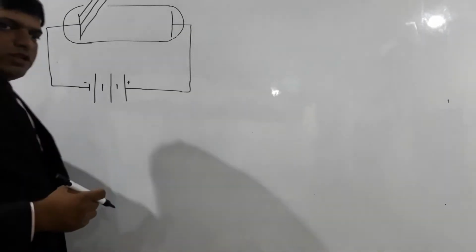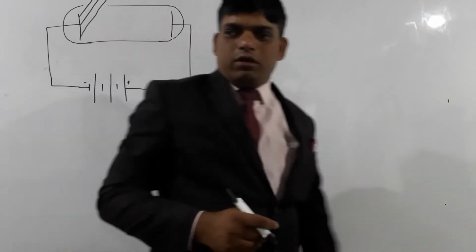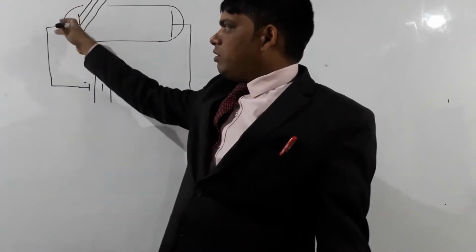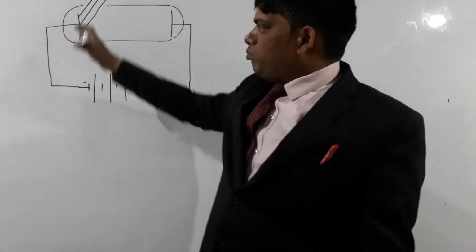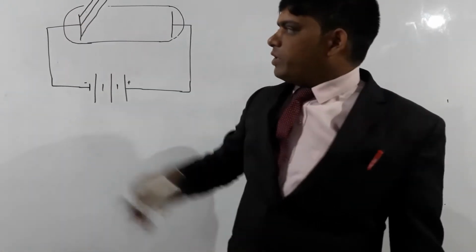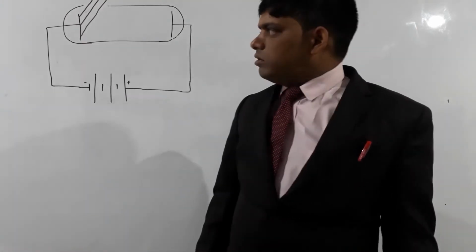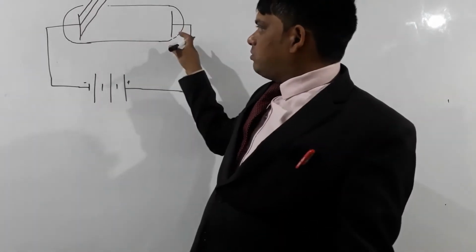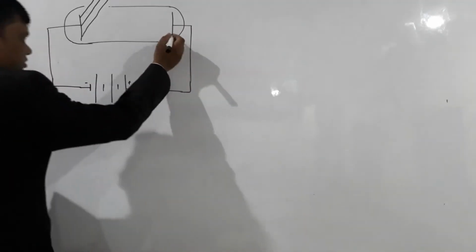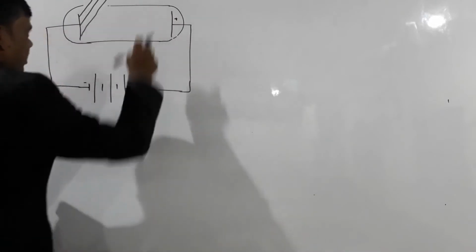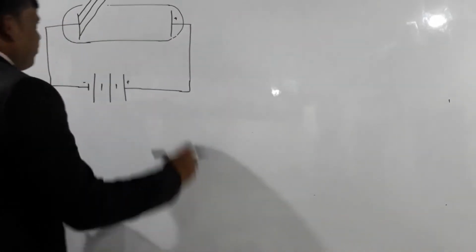Some amount of this energy will be used to just eject out from the surface of the metallic plate, and with the remaining amount of energy, the electrons will move towards this electrode, because this is positively charged and it will attract the electrons.